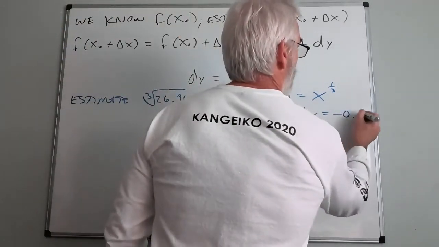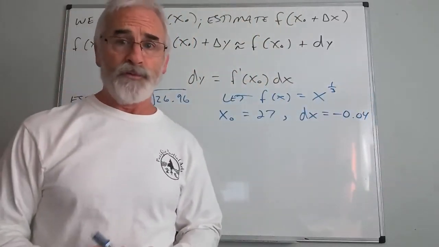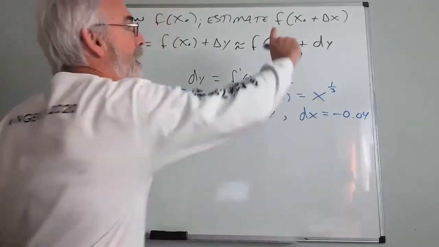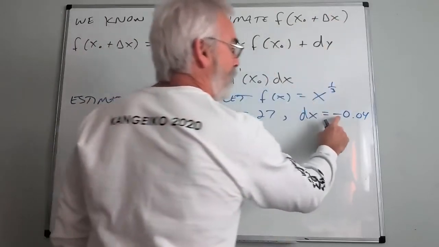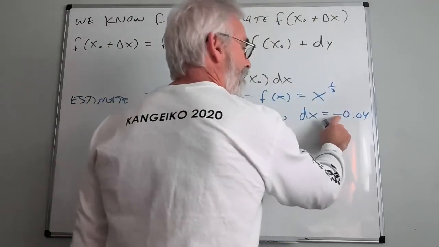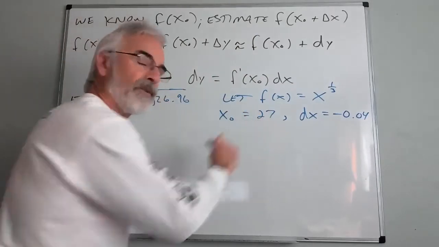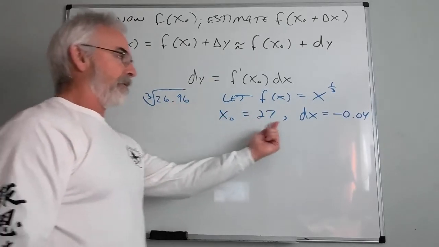By the way, this right here is the single most common error people make. Is, oh, I moved 0.04. Yeah, but you went backwards. Well, how do I know it's negative? Because you're always adding it. And here's the error. If I put 0.04, then I'm not estimating this. I'd be estimating 27.04. So if you're less than the happy number, then you're going backwards.